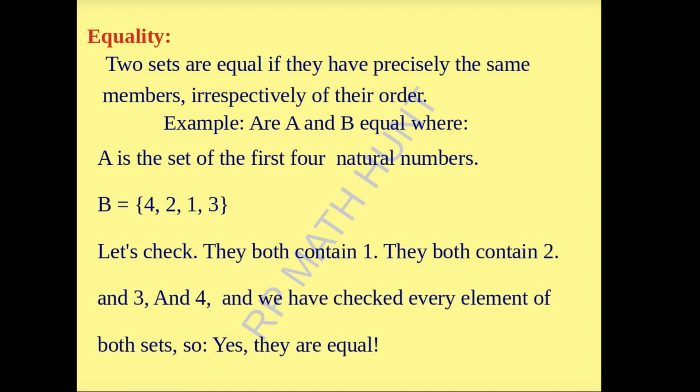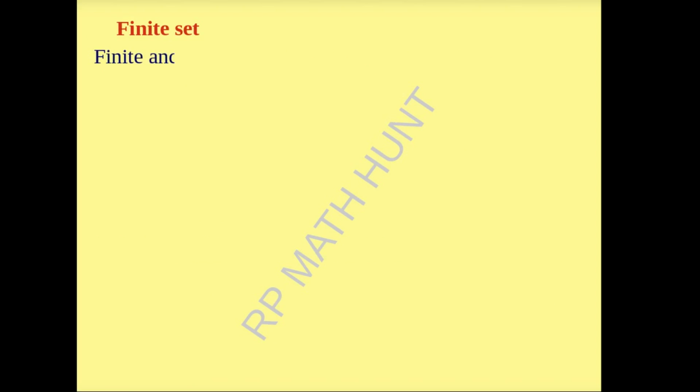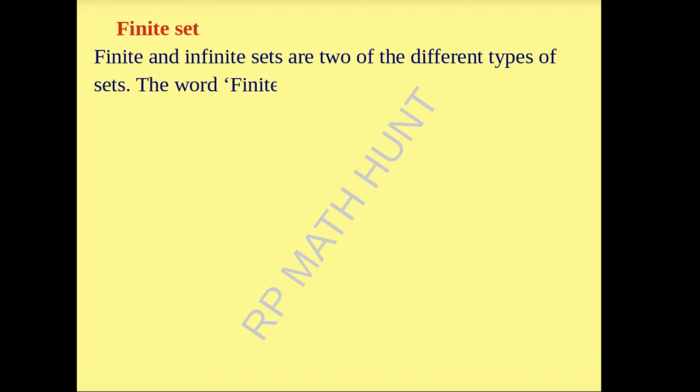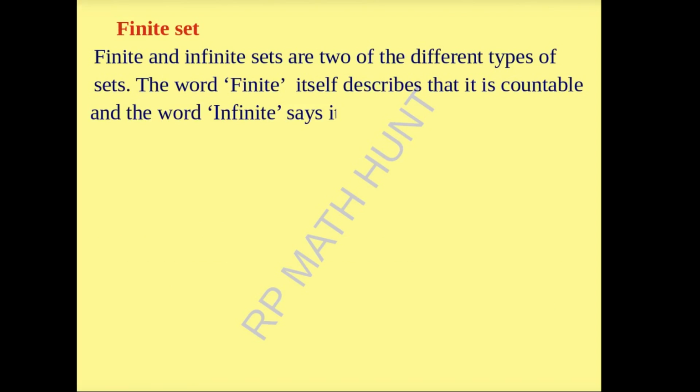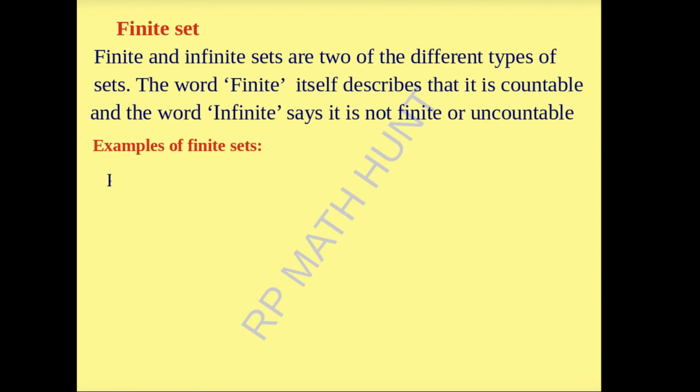Finite sets. Finite and infinite sets are two of the different types of sets. The word finite itself describes that it is countable, and the word infinite says it is not finite, or uncountable. Examples of finite sets: P is equal to {0, 3, 6, 9, ..., 99}. It is countable up to 99.